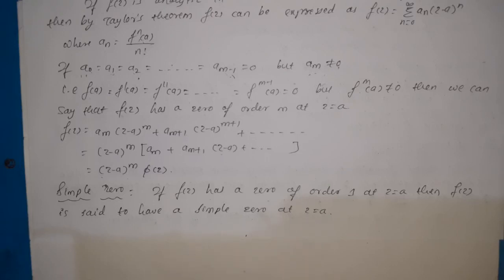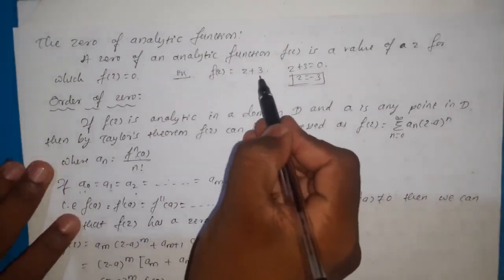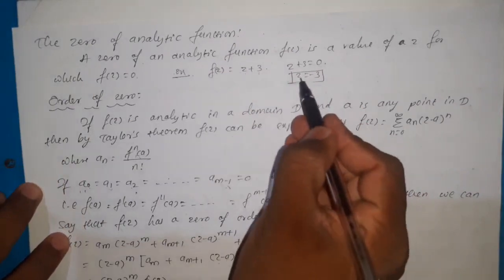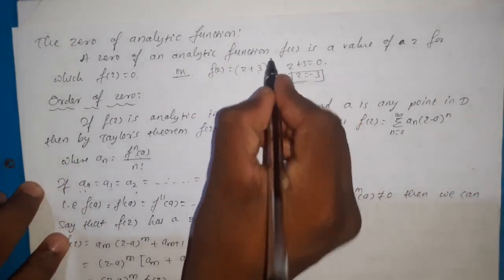So here the order of 0 can be considered as the power of the factor z minus a. If z minus a has power equal to 1, then that is a simple 0. Here z plus 3 is there. Now here it is a simple 0, because at z equal to minus 3 its value is 0 and its power is 1, right?